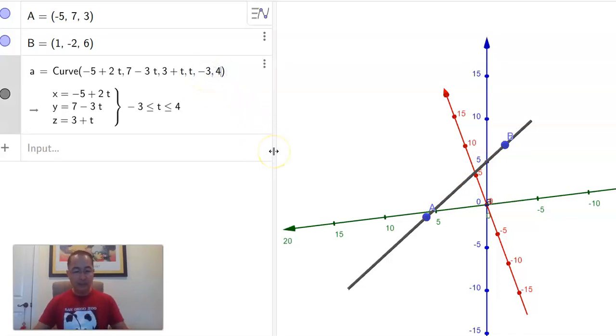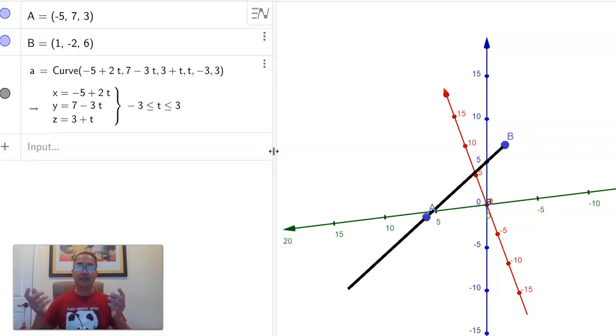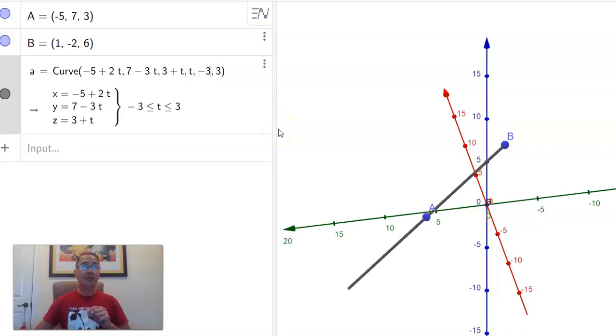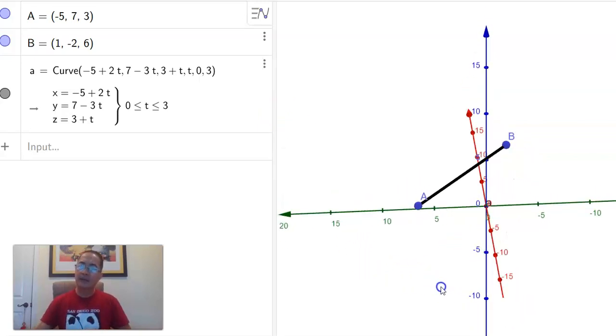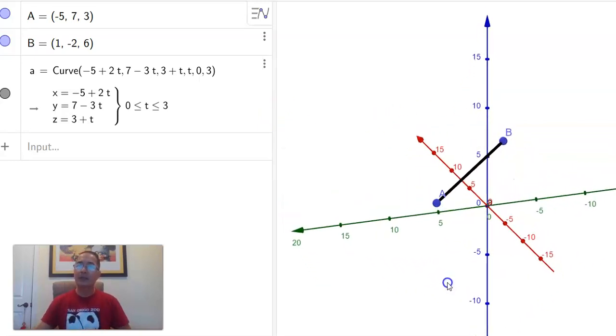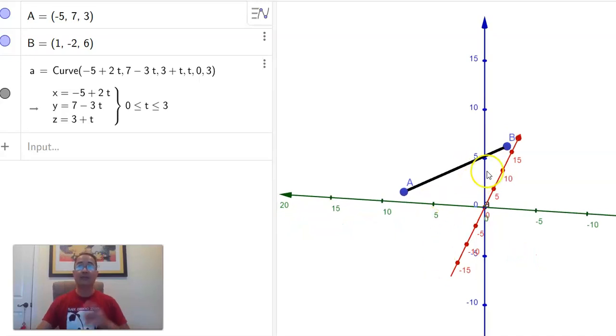We already know that if you stop at 3, you're there at B. How can we start at point A? Well, point A is -5, 7, 3. So obviously we need to make t 0. So t will go from 0 to 3. There you go. And it looks like a very long dumbbell. So that is our line segment from A to B.